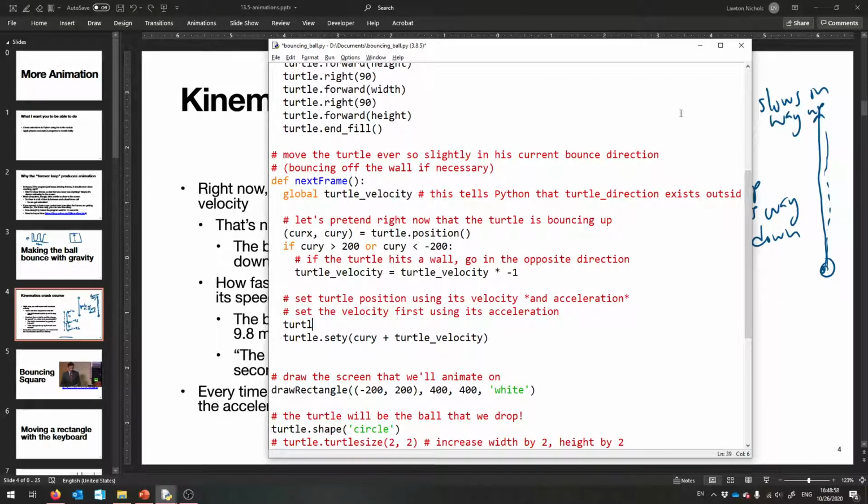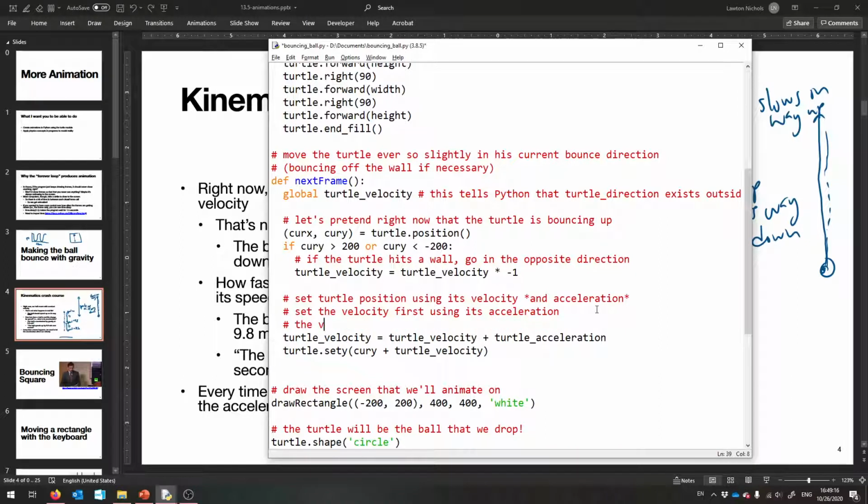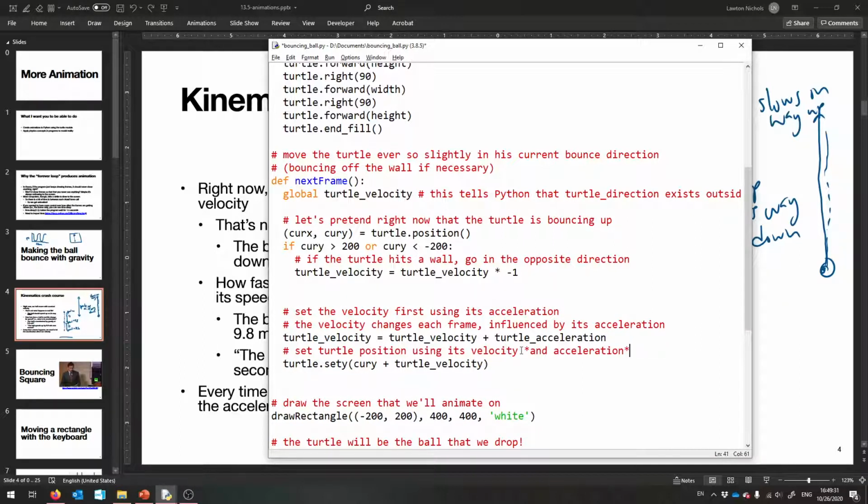So turtle velocity equals turtle velocity plus turtle acceleration. Okay, so the velocity changes each frame, because it's influenced by its acceleration. And then finally, we set the turtle position using its velocity after updating its acceleration. Okay, so that is the idea.